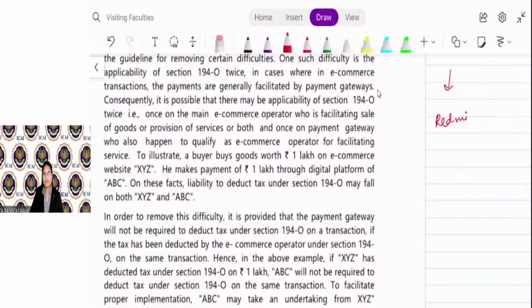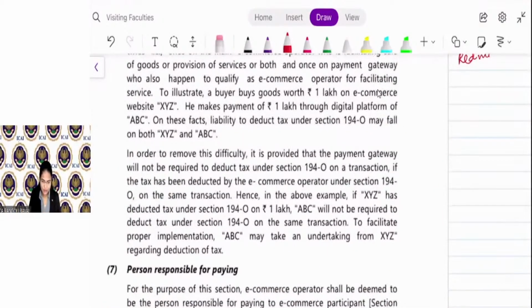To illustrate, a buyer buys goods worth rupees 1 lakh on an e-commerce website, that is XYZ. In our case, it is Flipkart. He makes a payment of 1 lakh through a digital platform. That is, the payment of 1 lakh is done by Google Pay, that is ABC. On this fact, liability to deduct tax under section 194O may fall on both XYZ and ABC, that is, in our case, Flipkart and Google Pay.